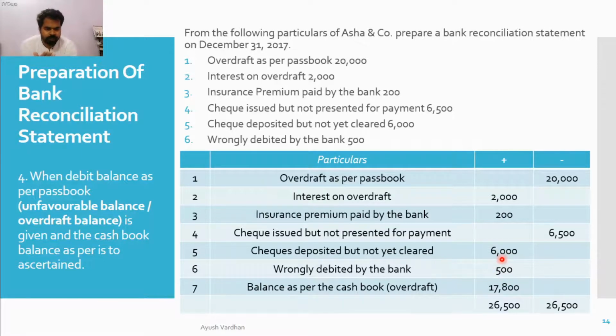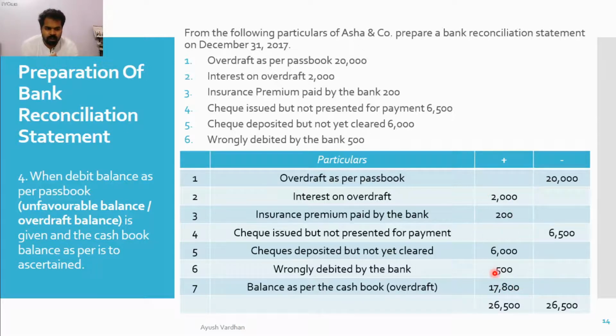Now we have started here, so we will make a total of this, that is 26,500 rupees here. Then we will do a total of these entries. We will not look into this entry, 70,800 rupees, as this is something we have to match.